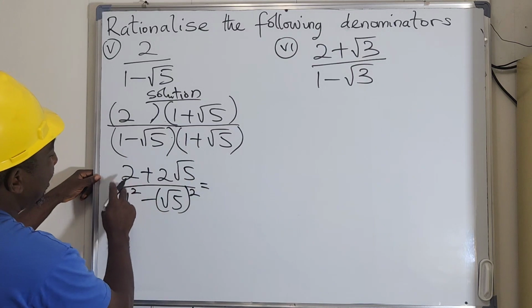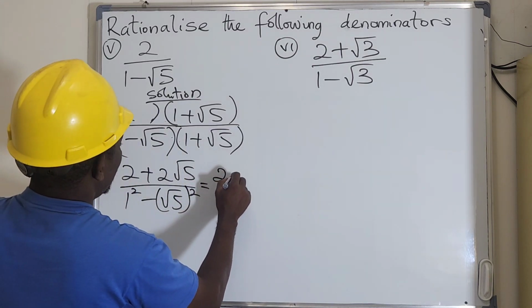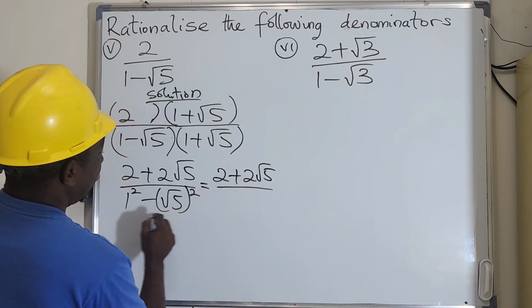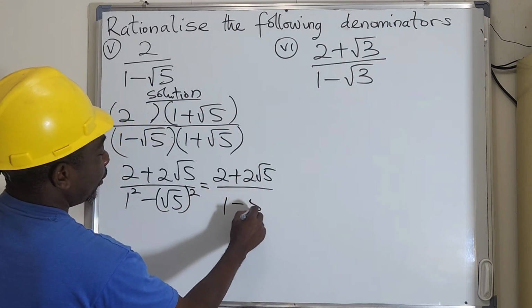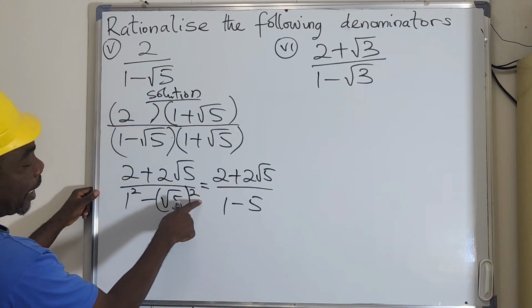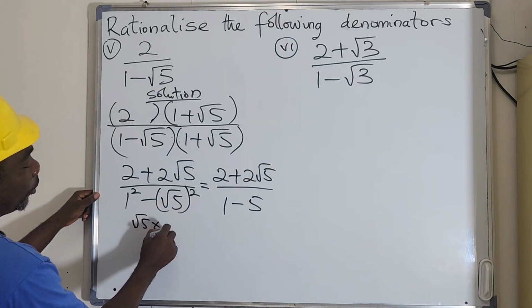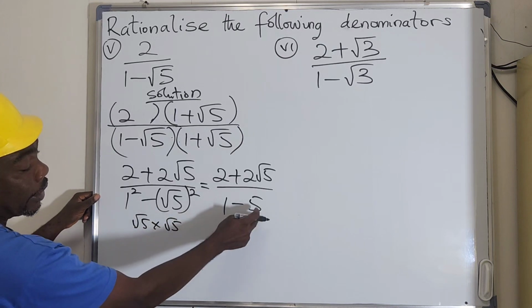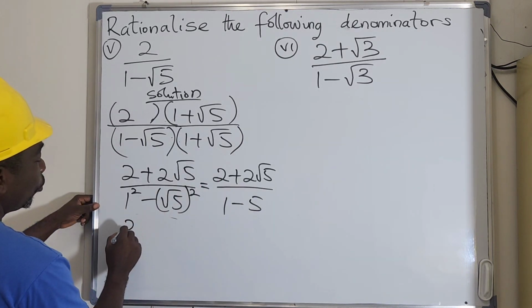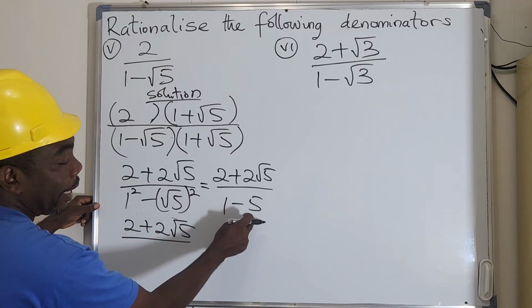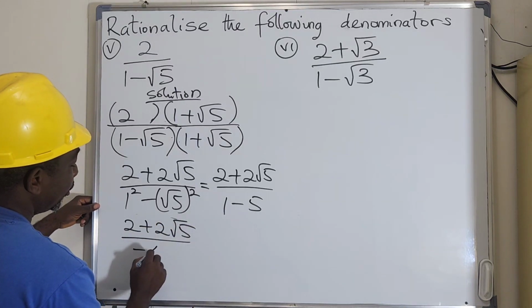So we have 2 plus 2 root 5 all over 1 minus 5, because root 5 times root 5 is the same thing as 5. This will become 2 plus 2 root 5 all over 1 minus 5, which is minus 4.